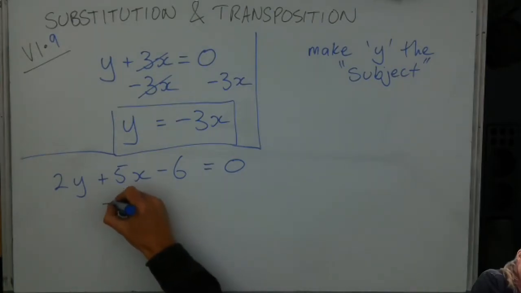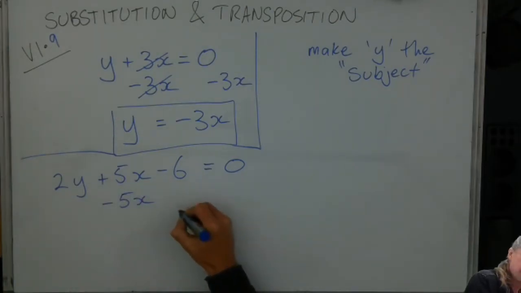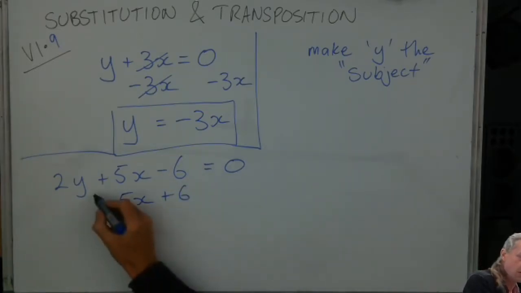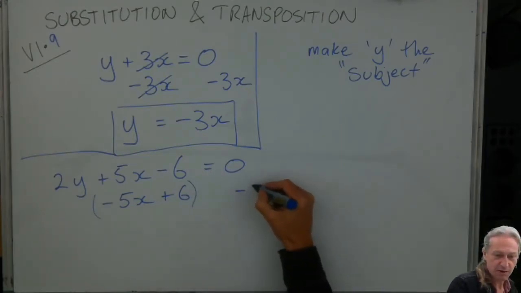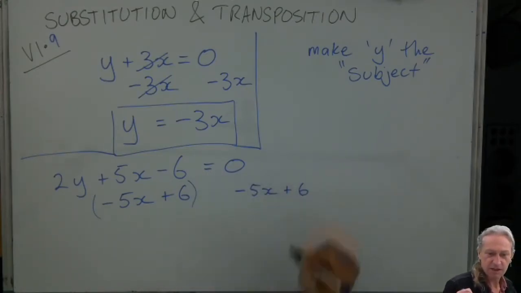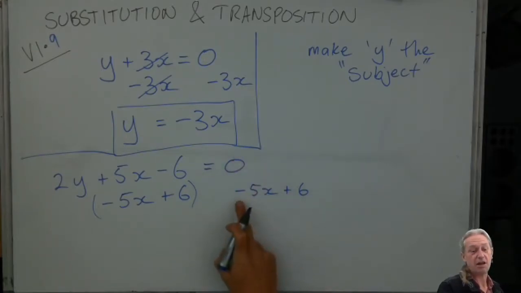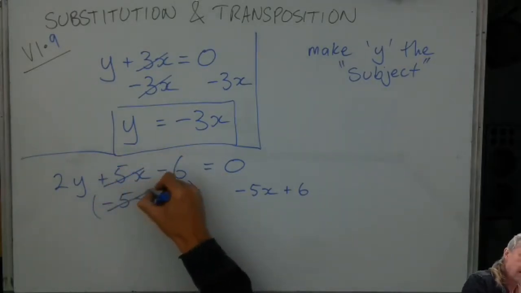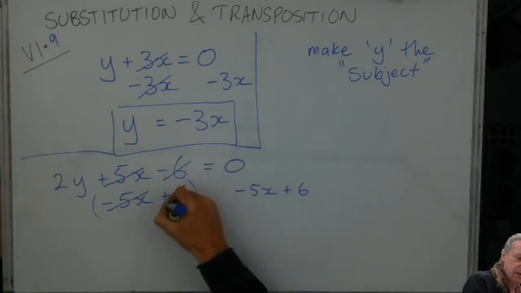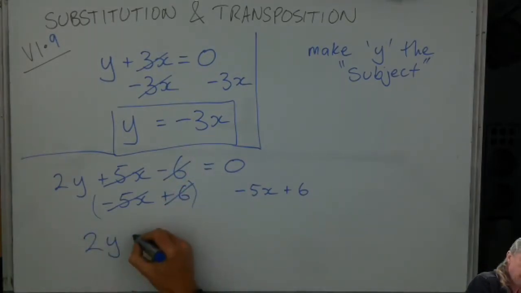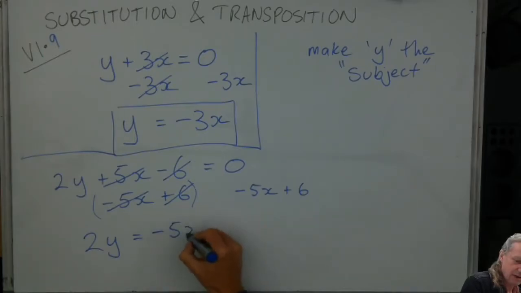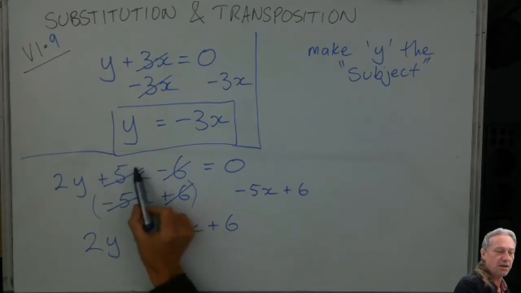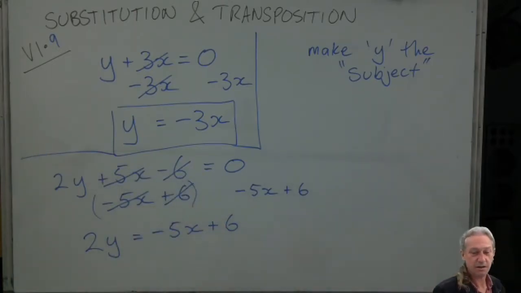I'm going to take away 5x, and because we're taking away 6, I'm going to add 6, and we've got to do this to both sides. Because we've got 0, we're just going to end up with negative 5x plus 6. Over here, that cancels and that cancels, and we've got 2y equals negative 5x plus 6. Essentially the signs have reversed when we moved it to the other side.